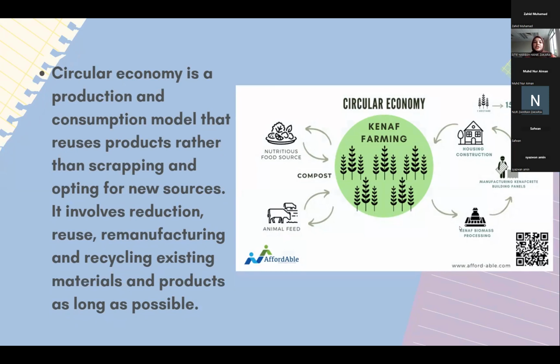It involves reduction, reuse, remanufacturing, and recycling existing material and products as long as possible. It means that all resources are reused or upcycled into more valuable goods, so that nothing is waste. For example, it will be used in animal feed, nutritious food source, housing construction, and others.